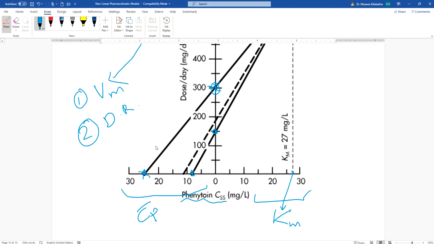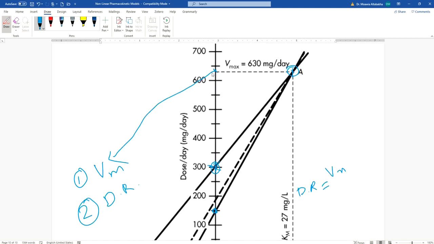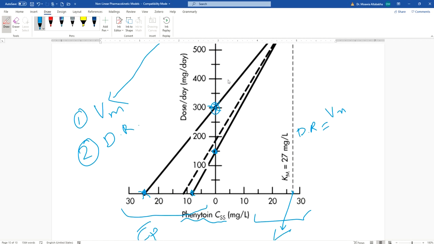If you have this patient's Vm and Km, then you can calculate the new dosing rate using the equation: the dosing rate is equal to Vm, the one that you determined here, multiplied by the Cp average that you want, for example 12, divided by Km, which is what you got here, plus your Cp average of 12.